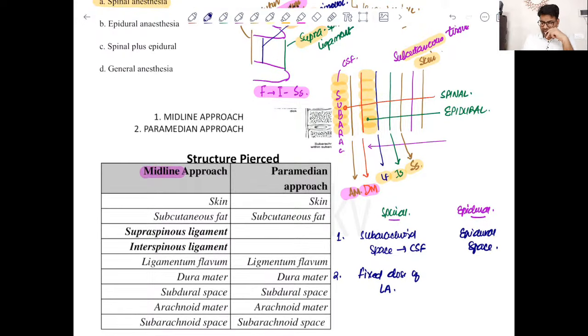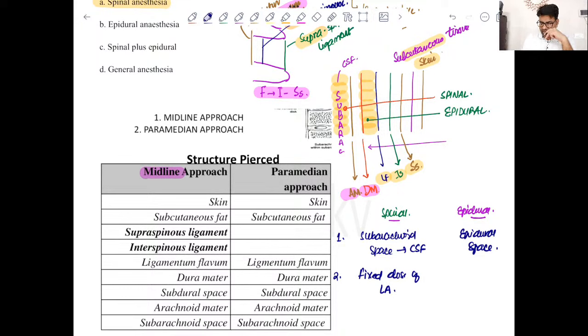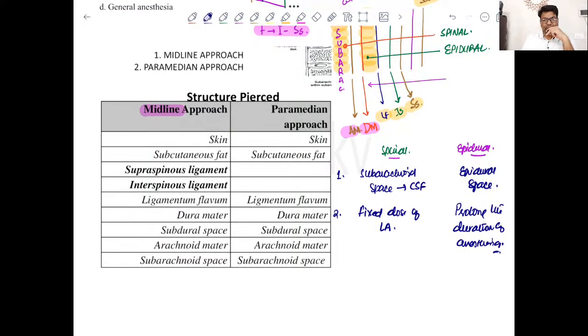But with epidural anesthesia, we can prolong the duration of anesthesia, right? Because there is an epidural catheter and we can inject some more amount of anesthetic agent if needed. So that is not the liberty with spinal anesthesia.